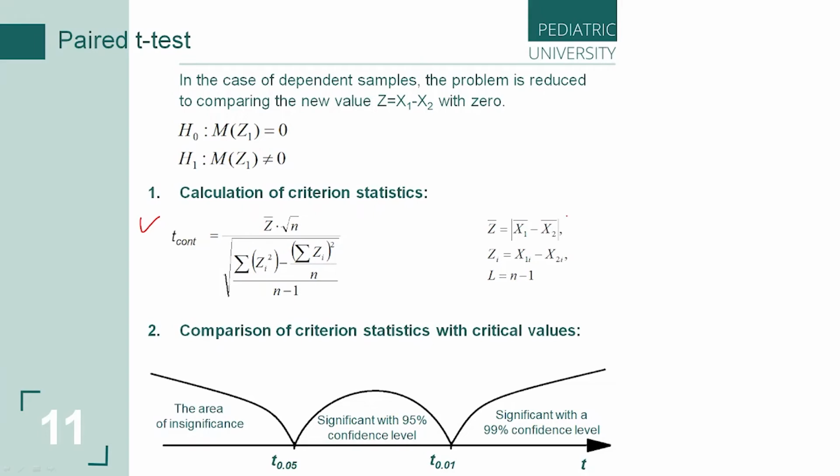What about zi? zi is the difference between the elements of the first and the second sample, you can see. The number of degrees of freedom in this case will be n minus 1. So, by the same scheme, we compare with the critical values.